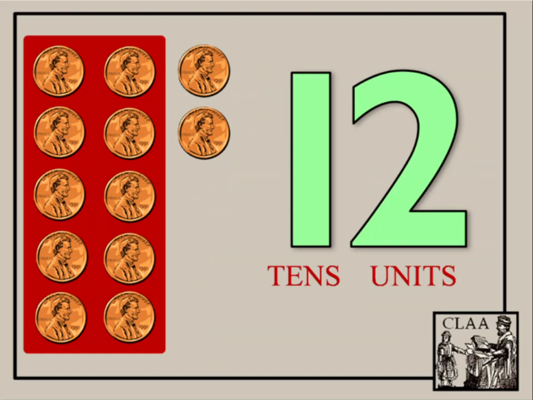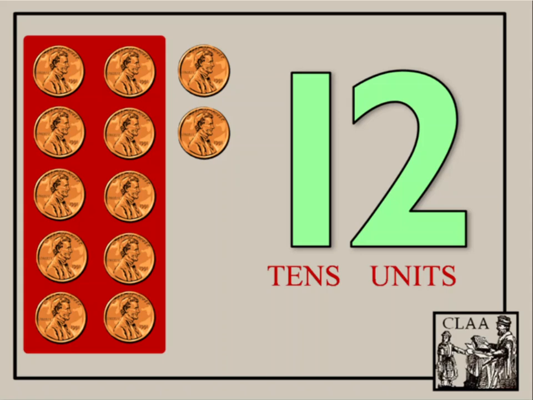If you know how to write the number 10 and how to write the number 11, writing the number 12 will be very simple. When we count 12, we see that there is one set of 10 that's marked in the red box, and so we write a 1 for the number of tens.